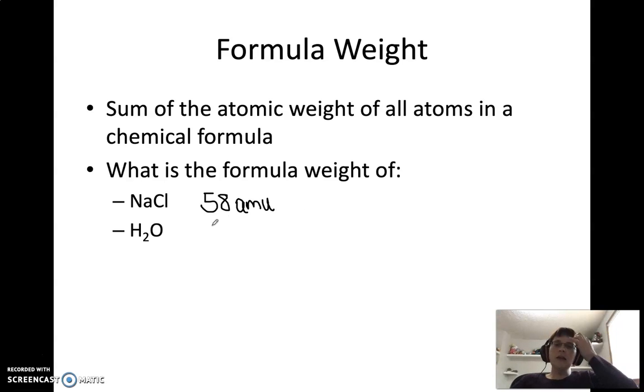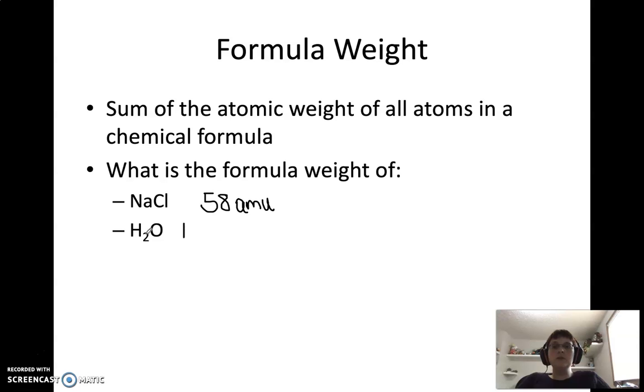So let's take a look at a slightly different formula. Now we've got H2O, water. This one I actually know the atomic weights for because I use these ones a lot. So hydrogen is 1. Now we've got to look at the subscripts on this one.